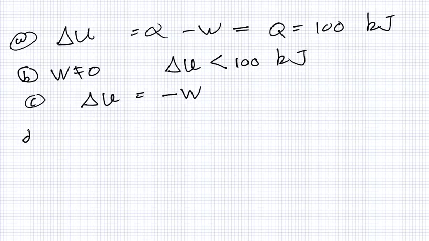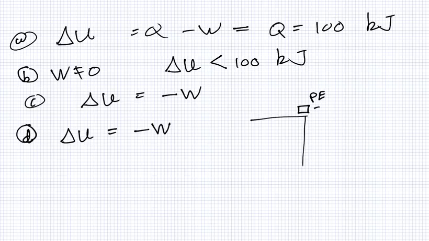Okay, D, the kettle falls off the stove. What is the change in internal energy? So if there's still no heat provided, it's still minus W. And what is the work done? Well, we have the kettle here, and it has potential energy, and then it hits the ground, and it has kinetic energy.